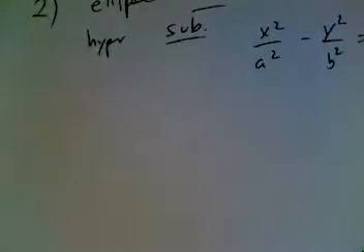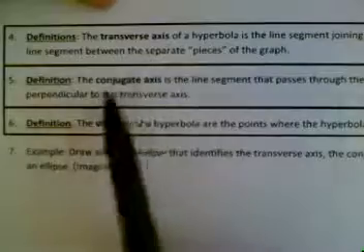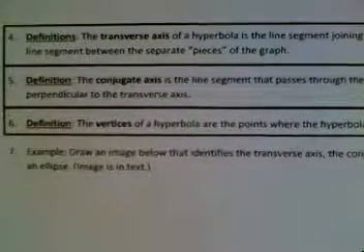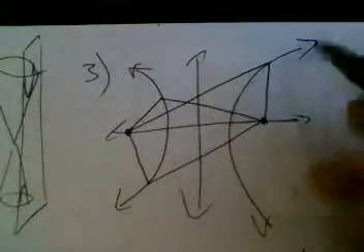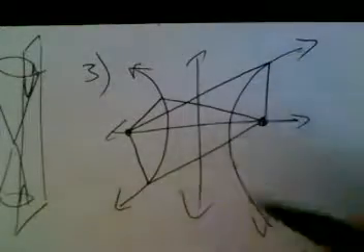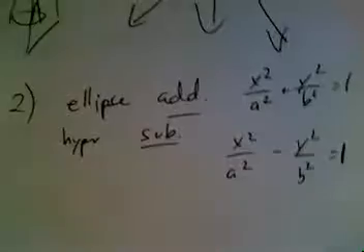Now, let's talk about 4, 5, and 6. We have specific new definitions that we have to play with: a transverse axis and a conjugate axis. These are similar to the minor and major axes in the ellipse. But with our graph looking like this, where there are two separate pieces directing away from each other around the foci, we have a new set of rules for those.